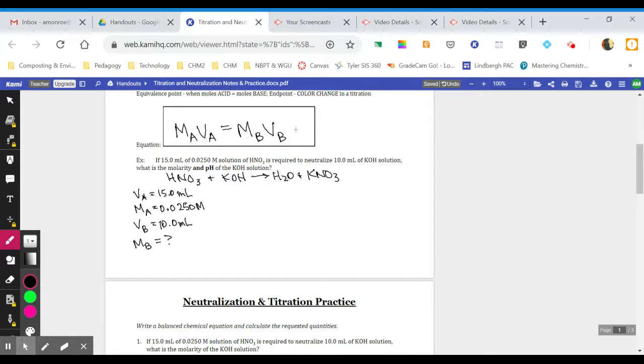So we're going to take our equation here and rearrange it. So we're going to end up with MAVA over VB is equal to MB. We plug all our numbers in there. 0.0250 times 15 milliliters.